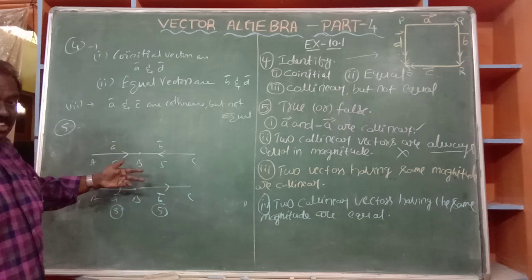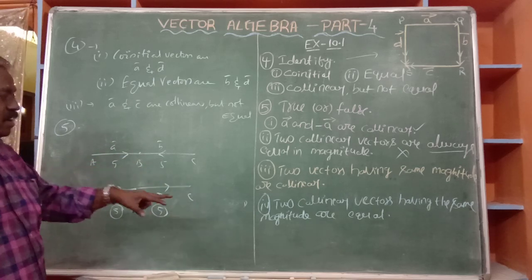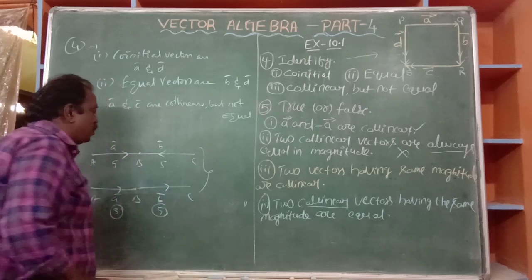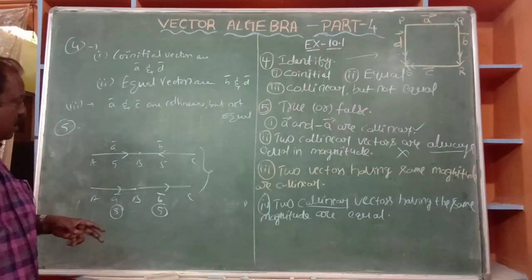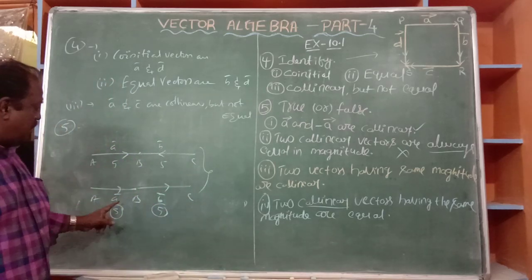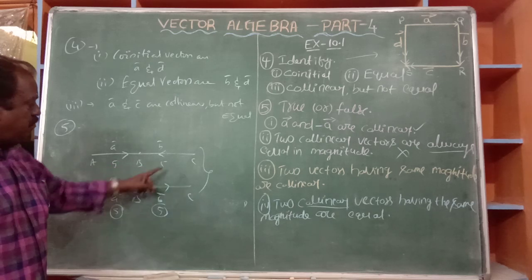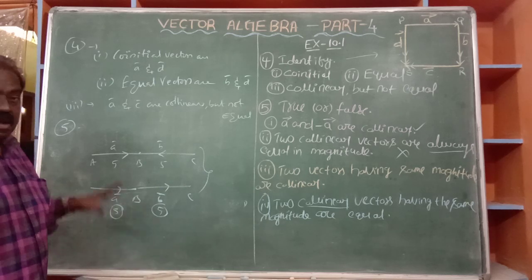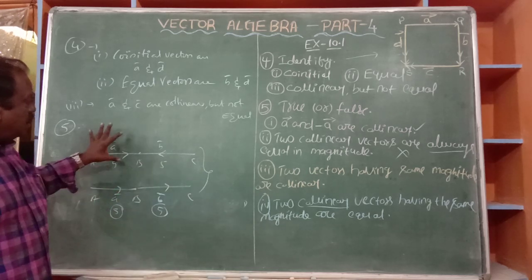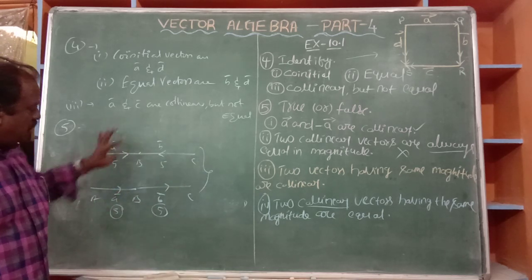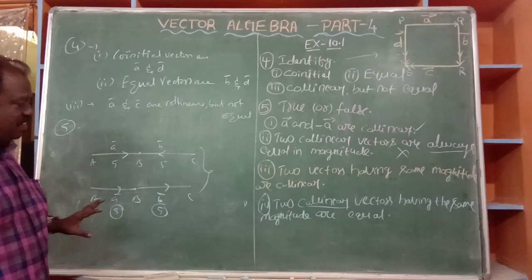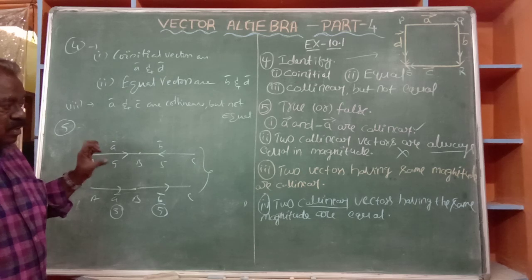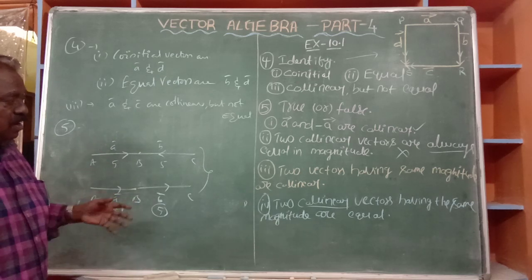In both cases they are collinear, and in both cases they have the same magnitude, 5 and 5. But here there is opposite direction, there is same direction. There it fails.